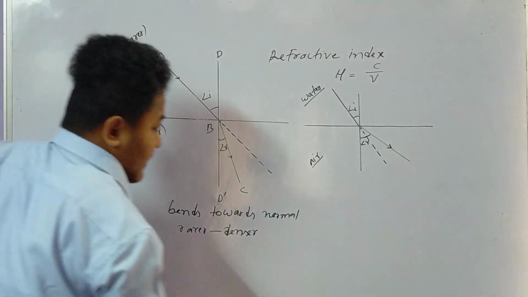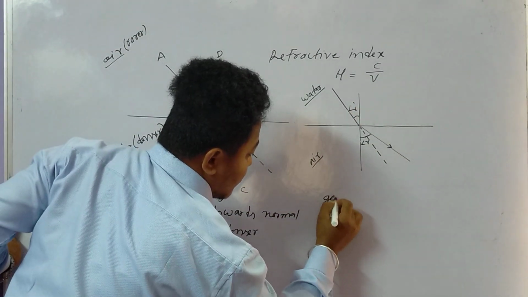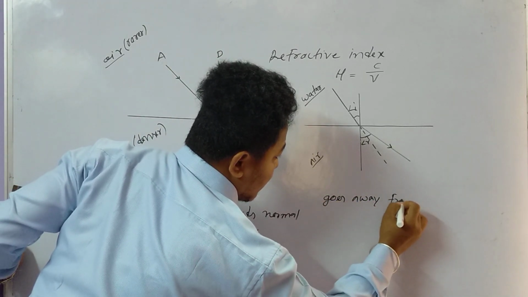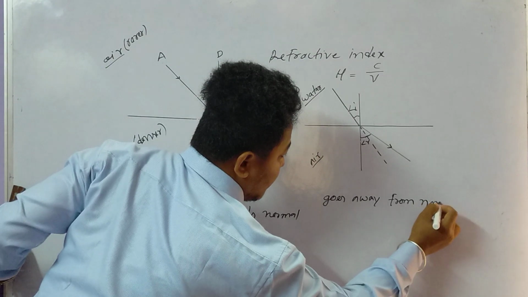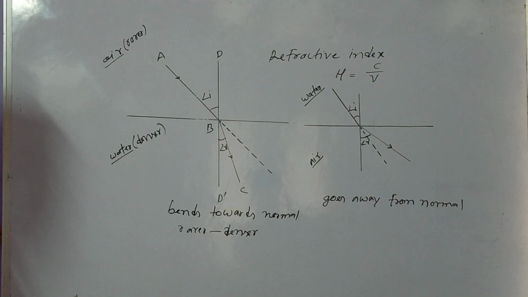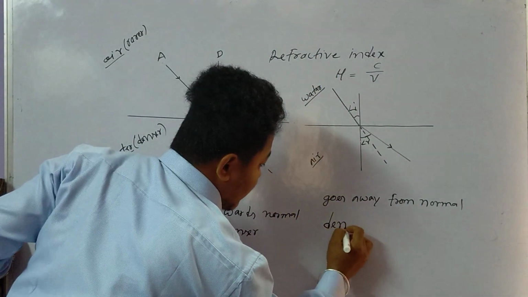So in this case, what happened? The refracted ray goes away from normal, once it travels from denser to rarer.